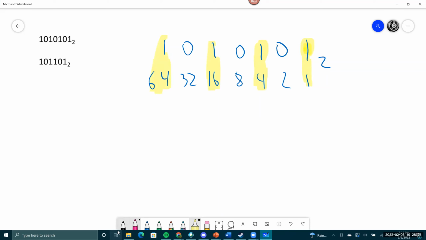Which means I want to add 64 plus 16 plus 4 plus 1. So that gives me 80, 90, 95. Oops, wait, not 95.